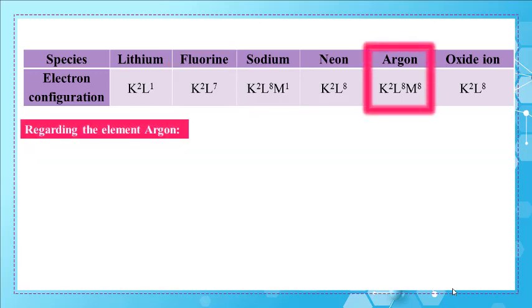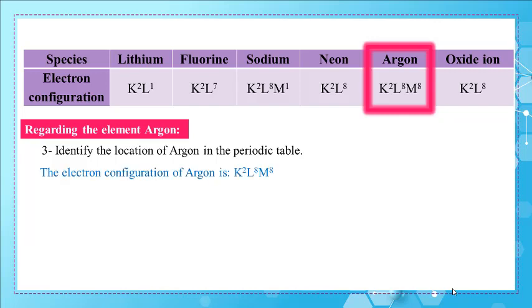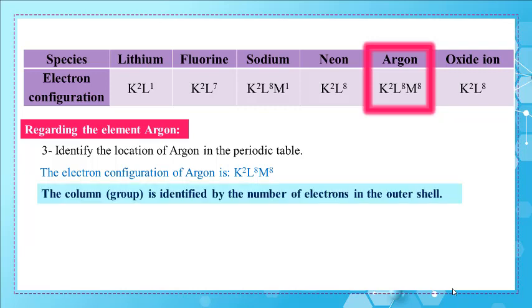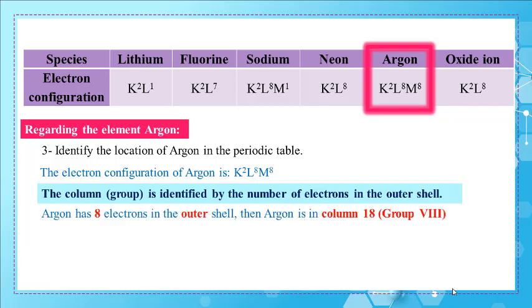Regarding the element argon, identify the location of argon in the periodic table. It means we have to specify the group and the period. The electron configuration of argon is K2L8M8. The column or group is identified by the number of electrons in the outer shell.